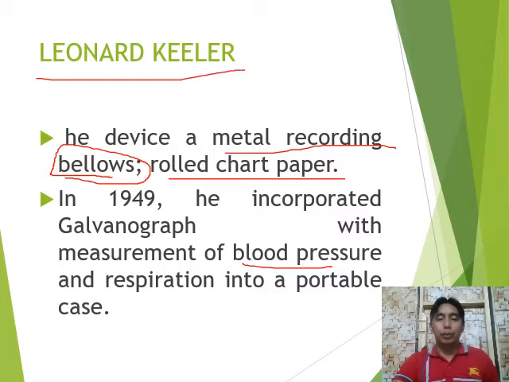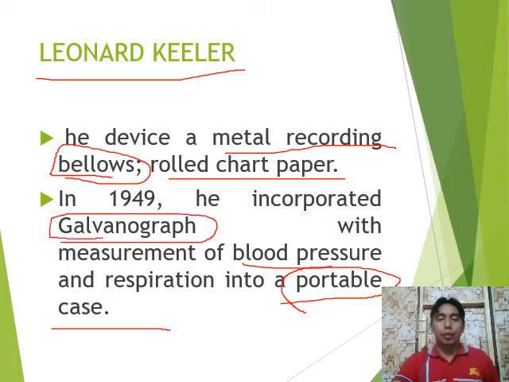He made it into a portable case, meaning he combined all of them, yet he added galvanograph because LARSON doesn't have galvanograph, and so he made it portable, meaning it can be carried by a single person. Unlike the polygraph machine before, which was so heavy and usually just sitting in the crime laboratory and could not be carried anywhere. So Leonard Keeler improved it and made it portable.